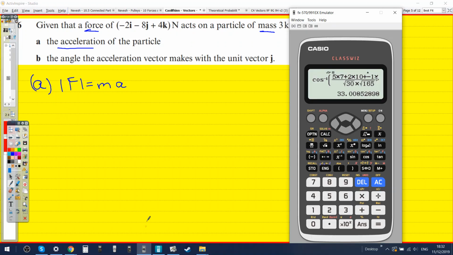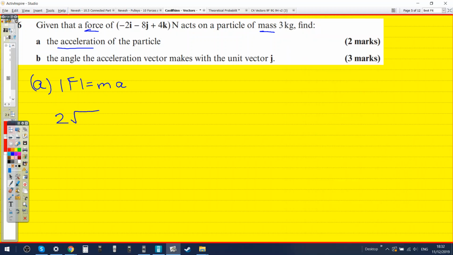So 2 root 21 equals 3 times A. Mm-hmm. So A equals 2 root 21 divided by 3. Yeah. And you could do it to decimal places if you wanted to, but I'm happy with that. And B.